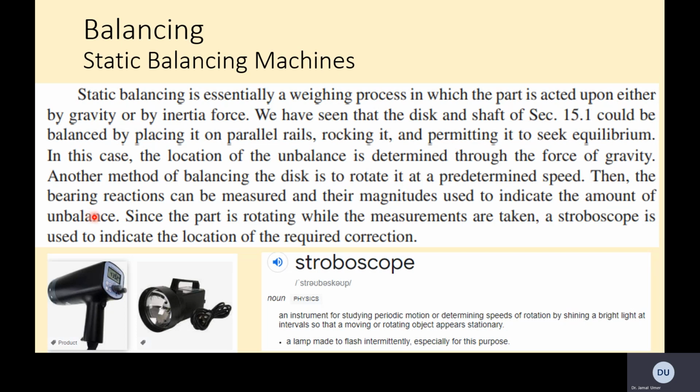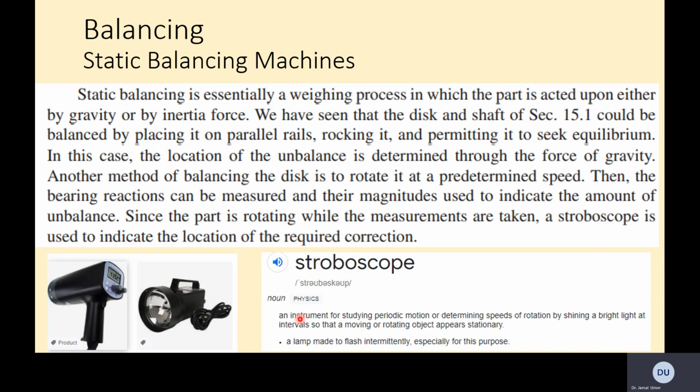Then the bearing reaction can be measured. Since the part is rotating while measurements are taken, a stroboscope is used. I have personally used this equipment, and I thought it's interesting to let you know. The stroboscope is used to indicate the location of the required correction. So what is a stroboscope?